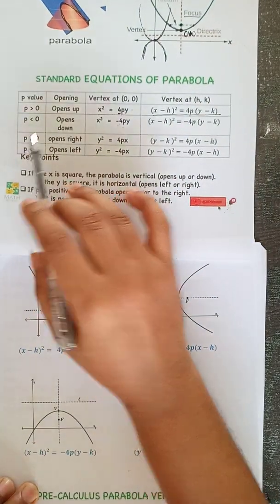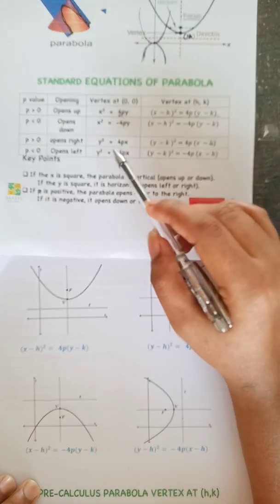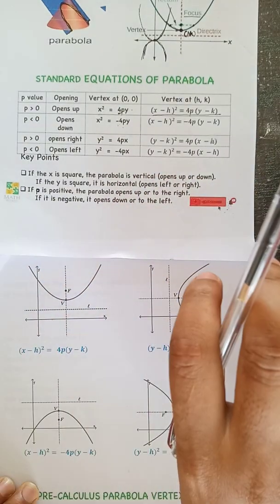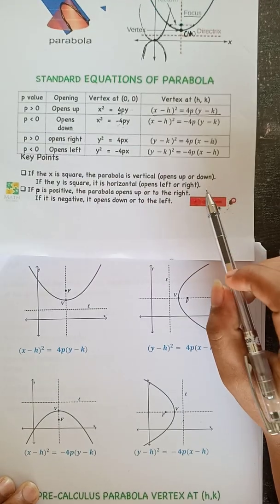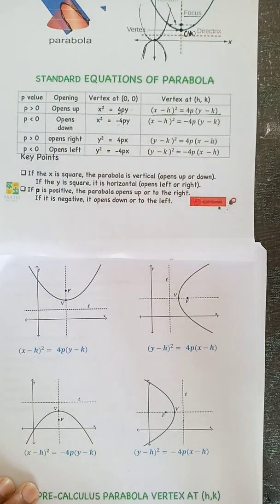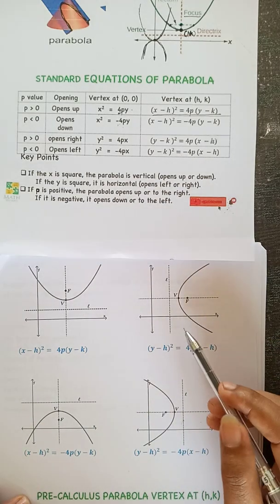Kung ang p is greater than 0, the opening of the parabola is to the right. Kung negative pod or less than 0 ang p, it opens to the left. As what you have seen in the figure, mao ni siya.